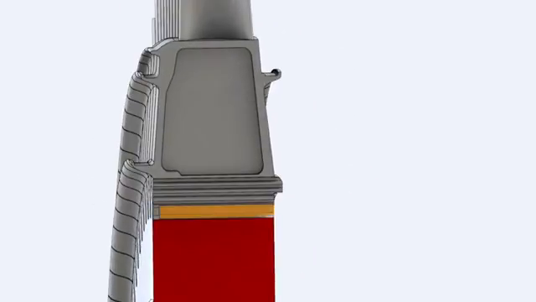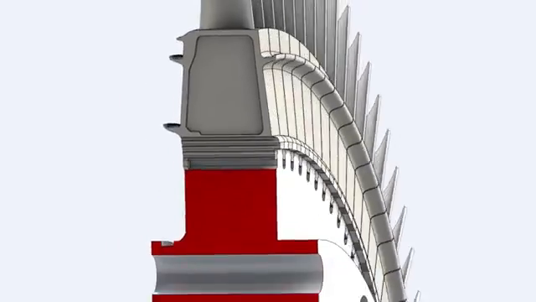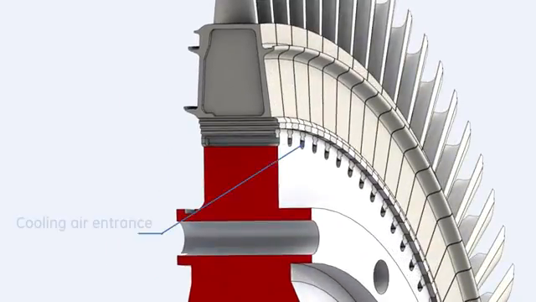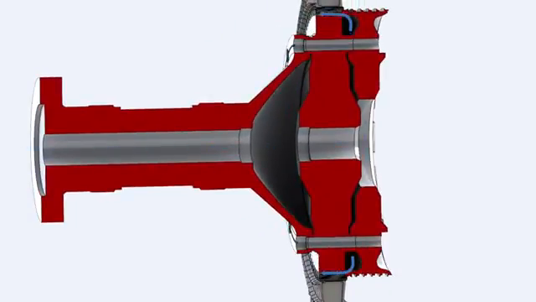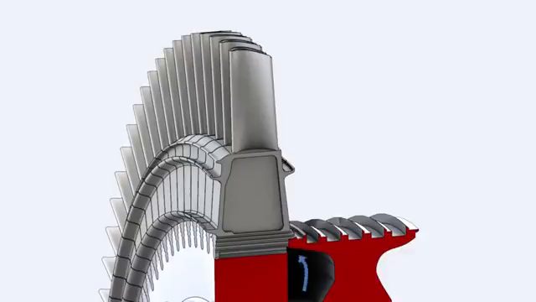When the bucket is attached to the wheel, a small air plenum is formed in between. The rotor internal cooling air, which passes through slots on the forward face of the first wheel spacer, is fed into these plenums. Cooling air flows from this plenum to a series of longitudinal air passages to cool the bucket and exit at the recessed bucket tip.